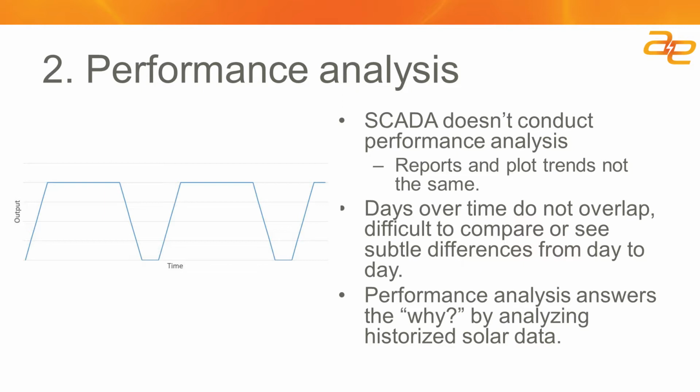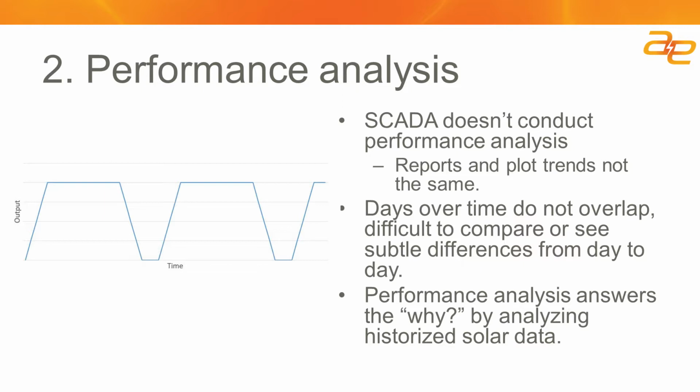how is the site performing today compared to yesterday? You have trended data that might look the same over time, but the aggregation of the individual points within that trend are a more meaningful comparison.